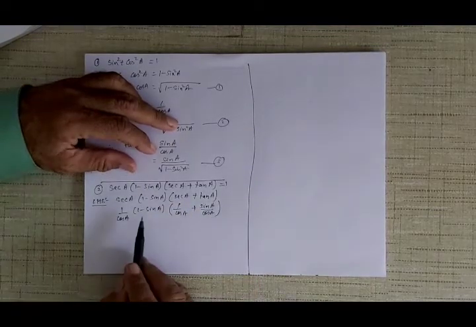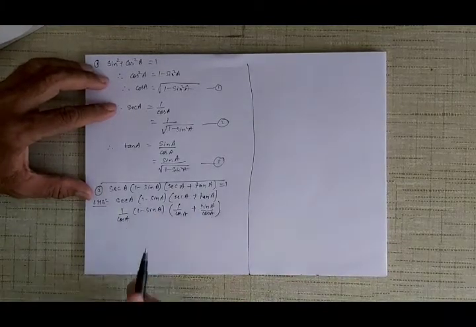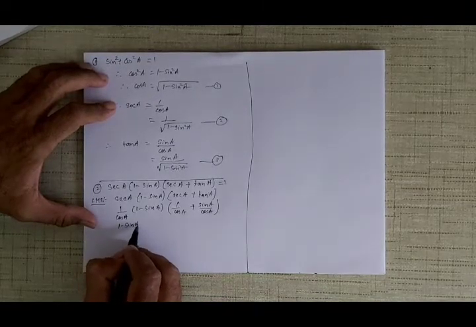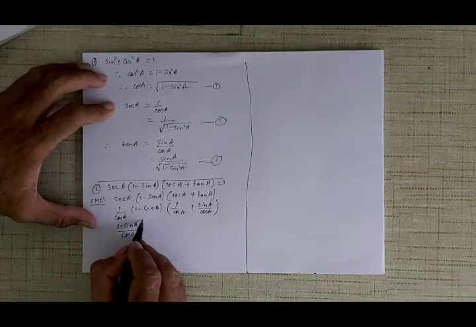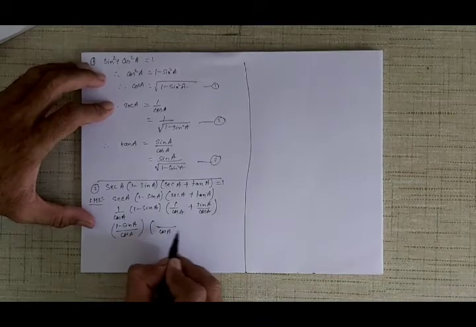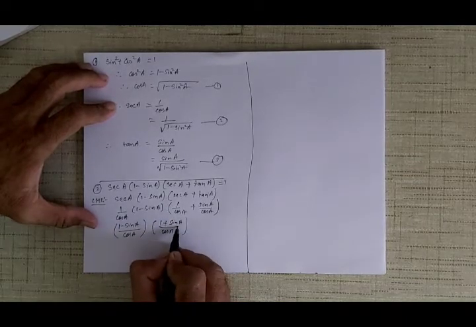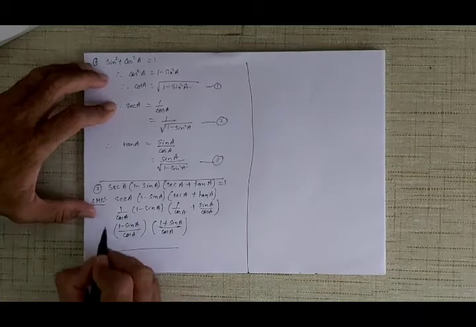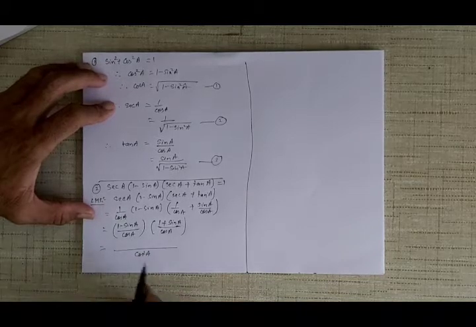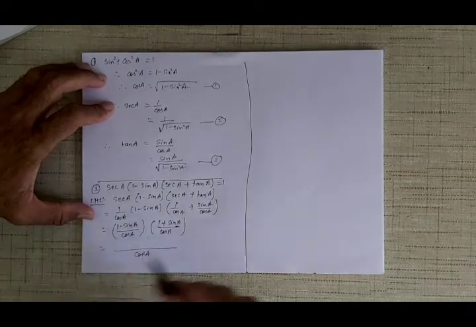Now you can see I have converted everything in terms of sine and cos. Now this becomes (1 minus sine A) upon cos A. And if I take cos A as LCM, in the numerator I will get 1 plus sine A. Now cos A into cos A will be cos square A. Cos square A. 1 minus sine A, 1 plus sine A, this is (a plus b)(a minus b), a square minus b square.